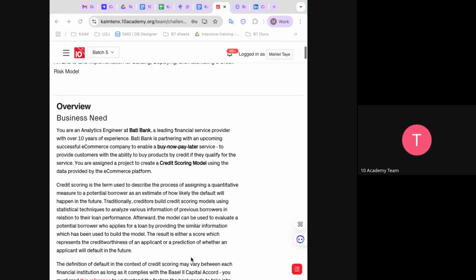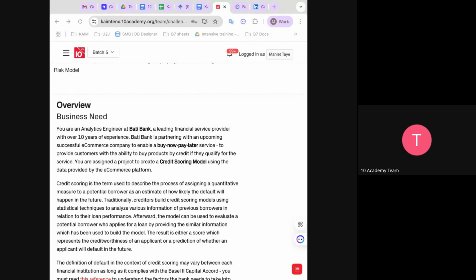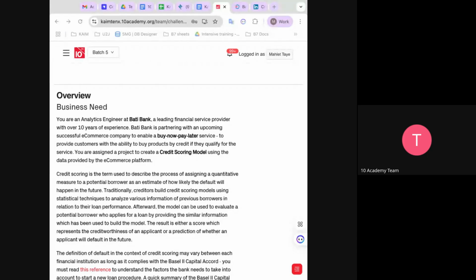But now you can build a model to evaluate who are the potential borrowers who can repay their payment, and what's the score that represents the creditworthiness of the applicants.